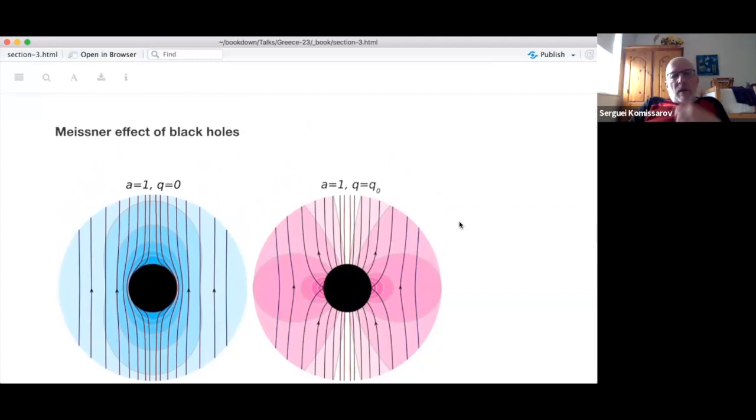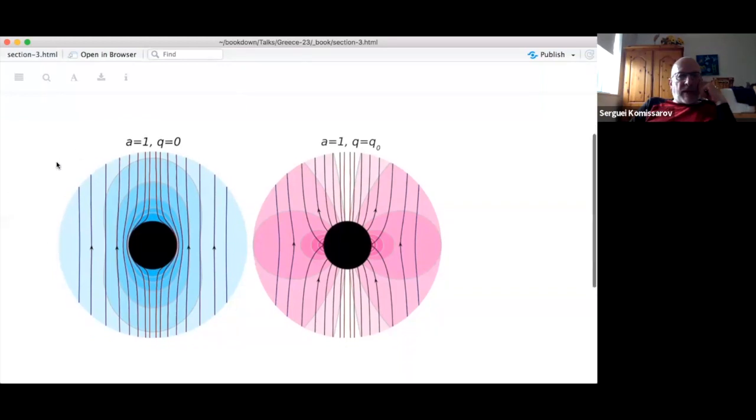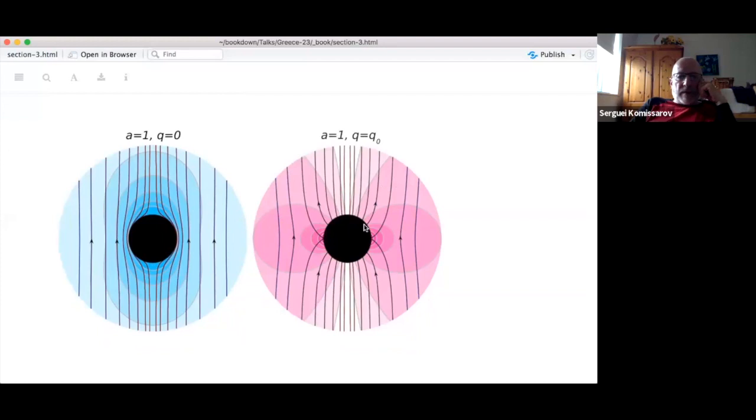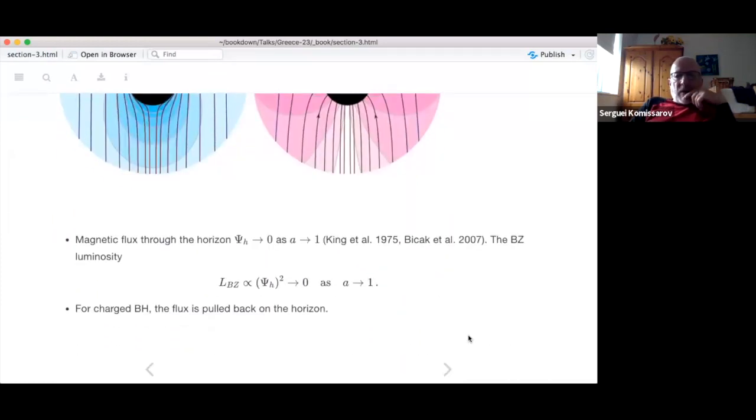And this expulsion of the magnetic field lines from the black hole is called the Meissner effect of black holes, by analogy with something similar in superconductors, right? But this effect, as you can see from this result, is valid only for uncharged black holes. And if the black hole is charged, then magnetic field lines are pulled back. Okay, so this is an interesting explanation.